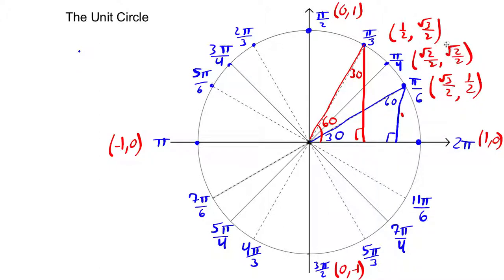So that's easy enough. All these points are going to be fractions that have denominators of 2. And for 5 pi over 6, even though we're talking about this large obtuse angle, we're still using this as our 30-degree angle, which is our reference angle.